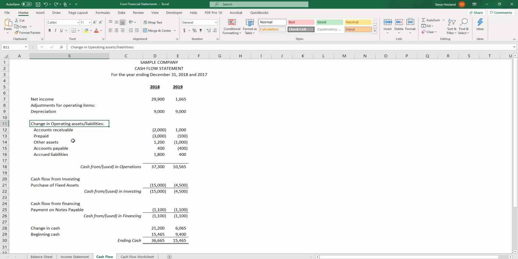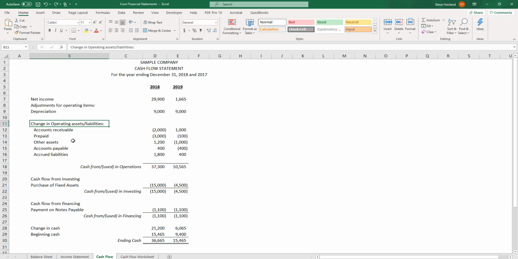Well, let's think about when you have accounts receivable. To put accounts receivable on the books, you increase revenue $2,000. You increase accounts receivable $2,000. However, did you get any cash? You probably didn't. And so even though your net income may be going up, you didn't get any cash.